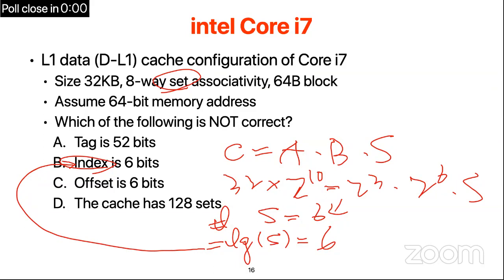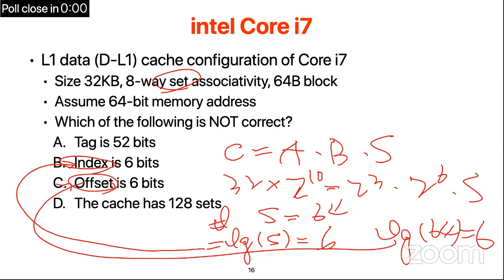Okay, so what's the offset? The offset is also 6 because it's log 64, right? So the offset is also 6. How about the tag? The tag is 64 minus the index minus the offset, which is 52.